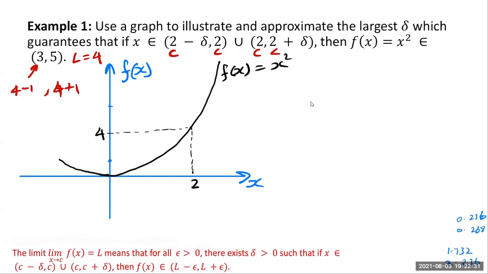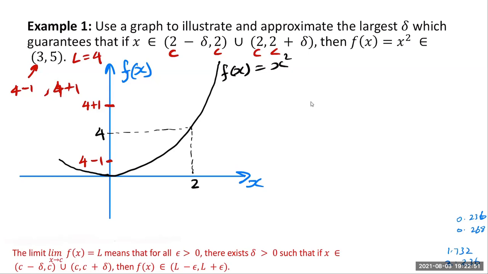Okay. All right. So now let me mark that here. This is actually 4 plus epsilon, 4 plus 1. Pardon me. This is 4 minus 1. So clearly your epsilon is 1. Okay. So what does the question ask now?